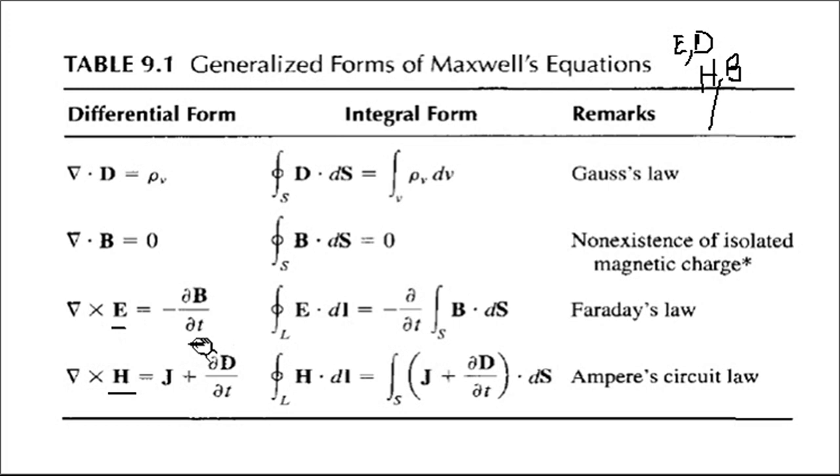It will not be satisfied. While checking the paper, I observed one point: del cross E bar is equal to minus dou D bar by dou t. No, it is not possible. It is a relation between the electric field and the magnetic field. So remember this thing.